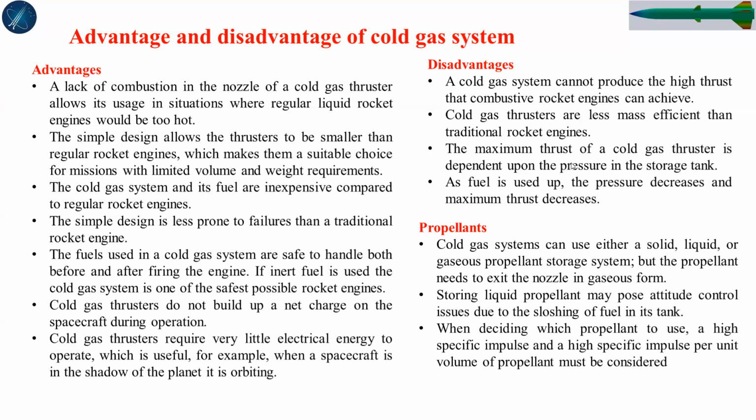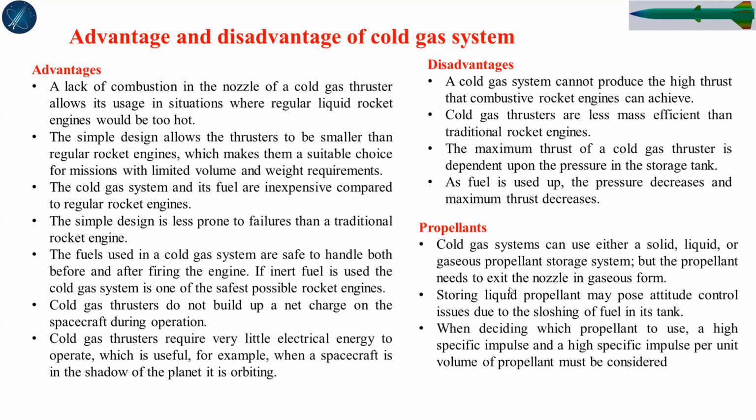So which kind of propellant do we use for a cold gas system? Propellants used in a cold gas system can be solid, liquid, or gaseous. But the propellant needs to exit the nozzle in gaseous form.